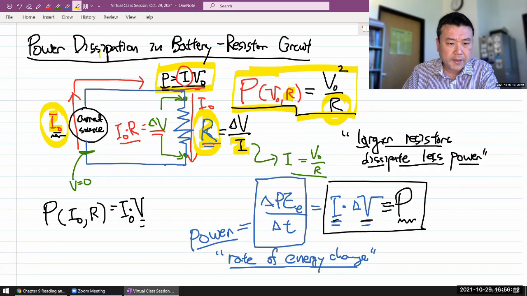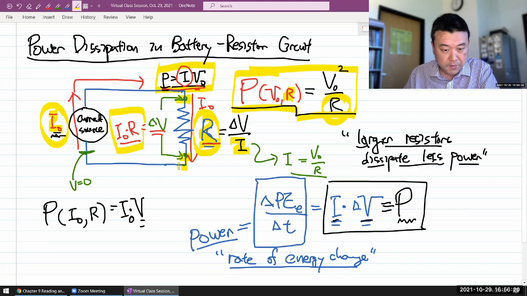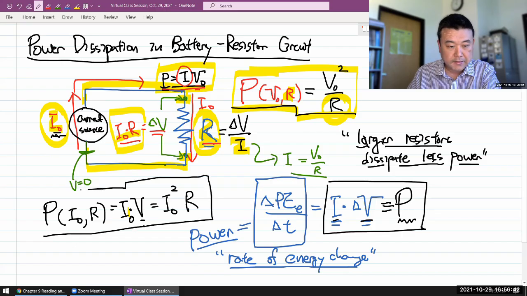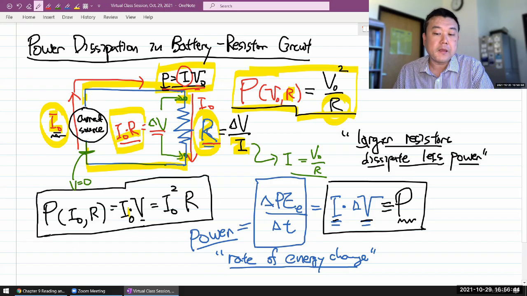I look back at this expression, oh yeah, that's the voltage difference between the endpoints of the resistor, and because they are all connected by wire, it's the same voltage difference at the two ends of the current source. So I use this expression in place of V. When I do that, this is what you see: I naught times I naught times R, which is I naught squared times R. So as you look at this, ask and answer this question: do you dissipate more or less power with the larger resistors?